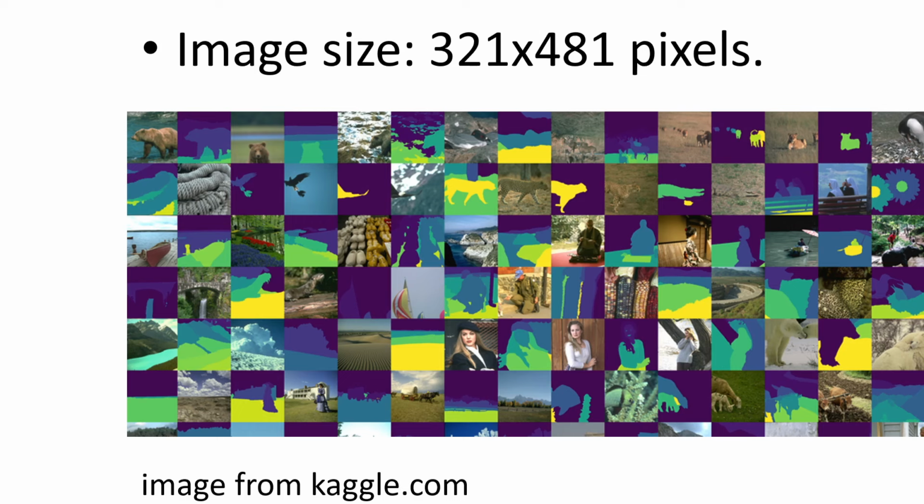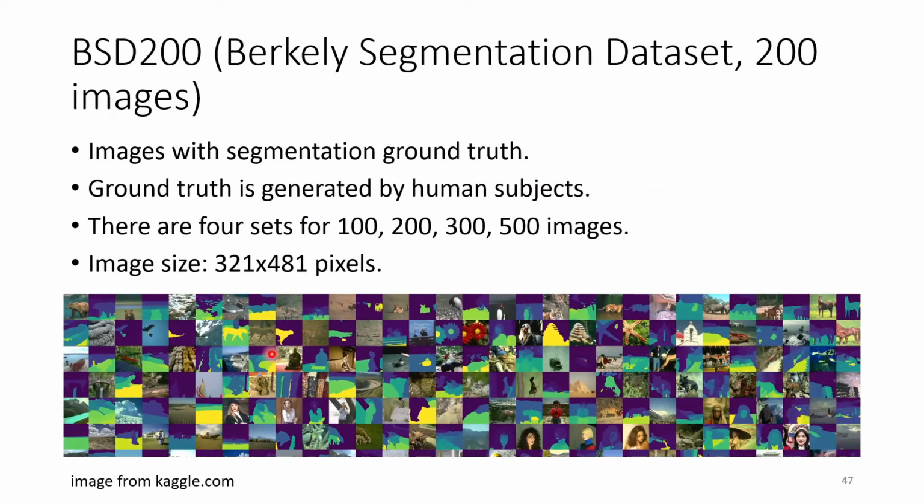Then they sum them up, take the average, and create the ground truth data of those images. And there are several different sets. BSD100 contains 100 images, then 200, 300, and 500. For every image, the size is 321 times 481. So this is the first data set I use. But because the data set is widely used at that time, it is too small.